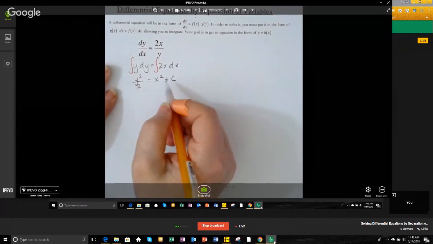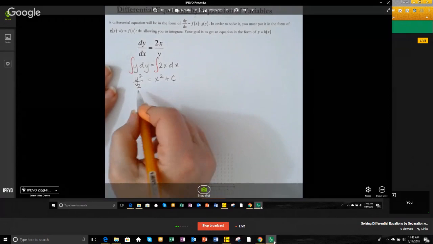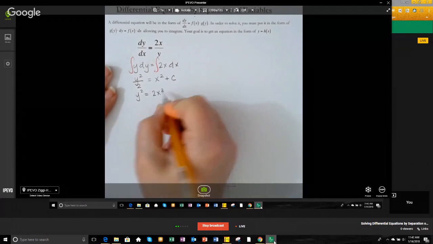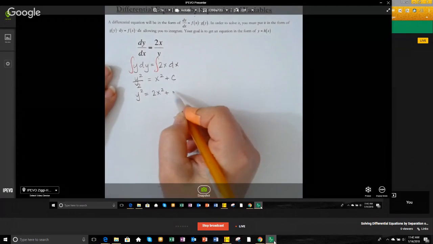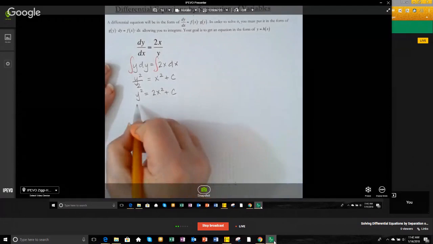Now we have to solve for y to get y as a function of x. Multiplying everything by 2, we get y squared equals 2x squared plus, now I could put 2c here, but 2c is still a constant, so we're going to leave it just as c. Then we have two possible solutions when we take the square root.